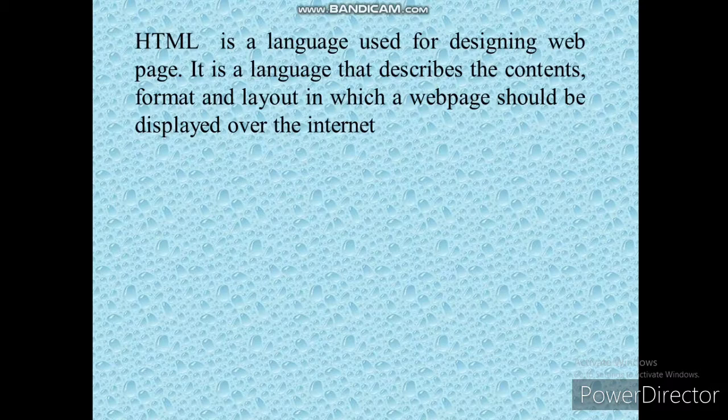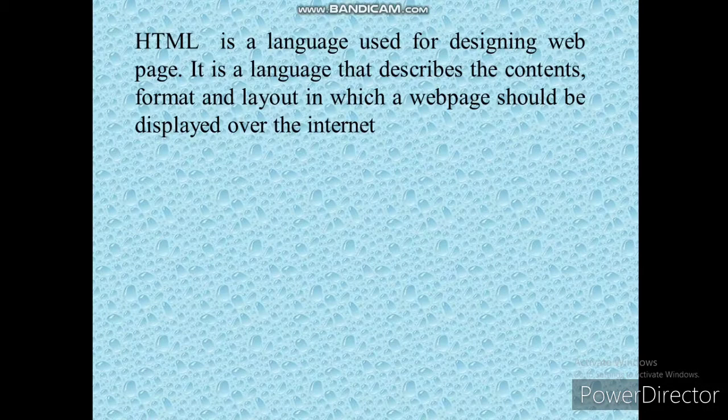What is HTML? The full form of HTML is Hypertext Markup Language. HTML is a language used for designing web pages, right? It is a language that describes the content, format, and layout in which a web page should be displayed over the internet.